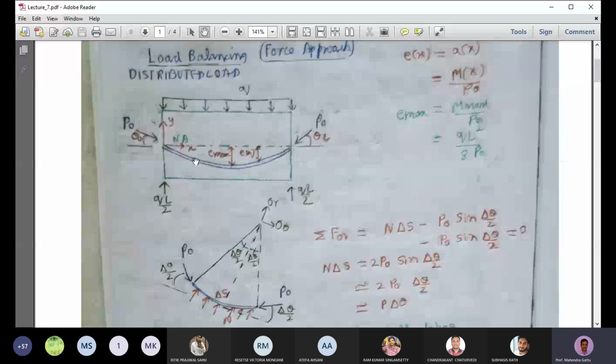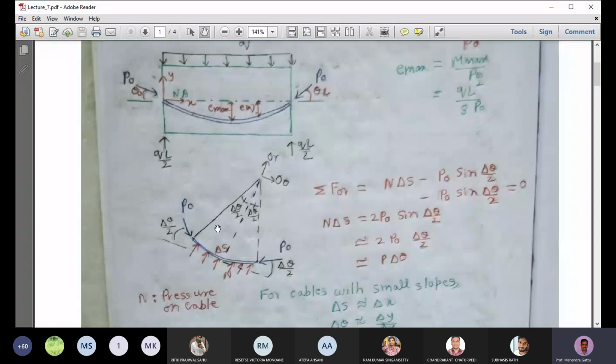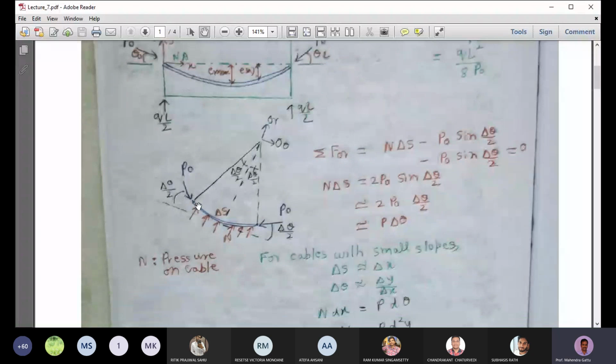We will take a small element somewhere along the profile, analyze that element, and find out what normal forces are coming onto the cable from the concrete. The free body diagram we are drawing here is of that cable element.